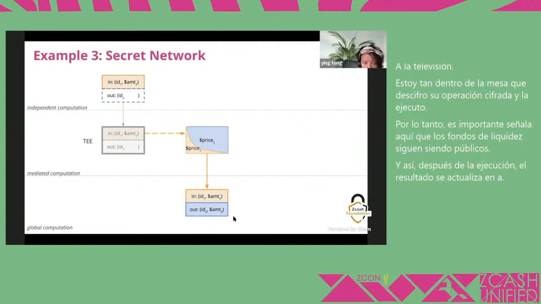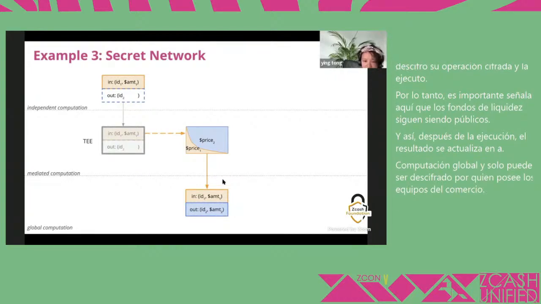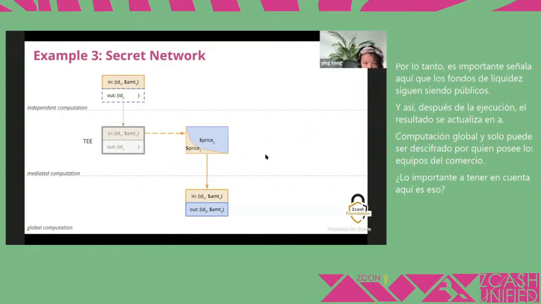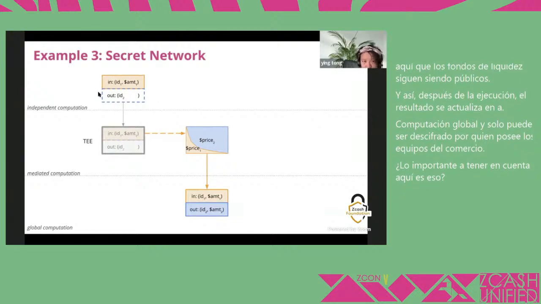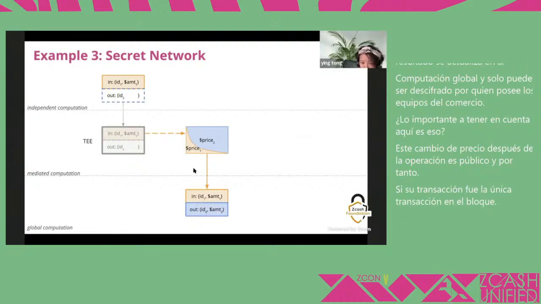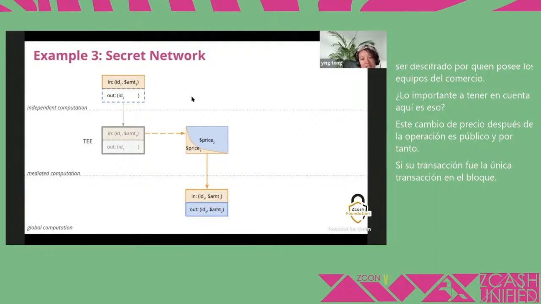So what's important to note here is that this change in price after the trade is public. And therefore, if your transaction was the only transaction in the block, then just by observing the change in price, I can recover the details of your order.